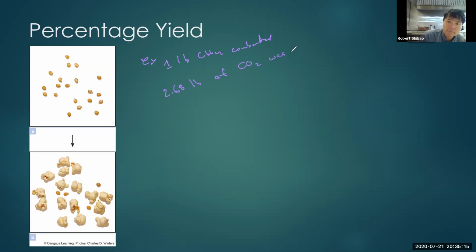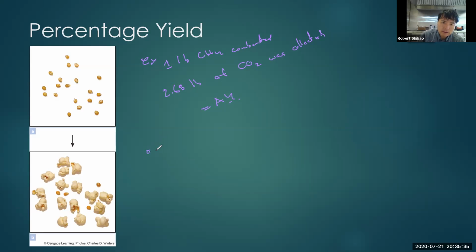I don't know what happened to the missing CO2. Some of it's missing because we should have 2 3/4 pounds. A little bit went missing, but who knows what happened to it. But I do know that's my actual yield.